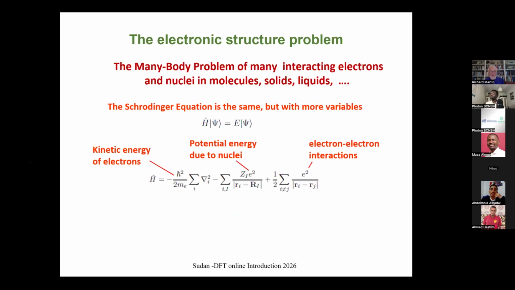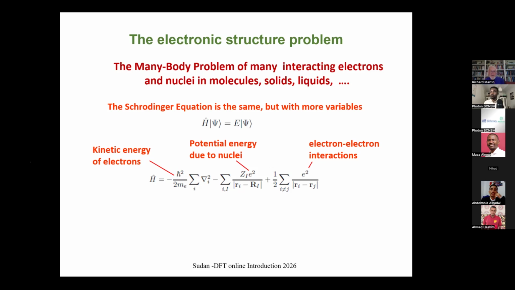Where it gets difficult is when you have many electrons. So I want to write down an equation that's really easy to write down and really difficult to solve. It looks just like the previous Schrödinger equation, but this thing called a Hamiltonian is much more complicated. The kinetic energy is a second derivative, a sum over each of the electrons independently, so that's easy.